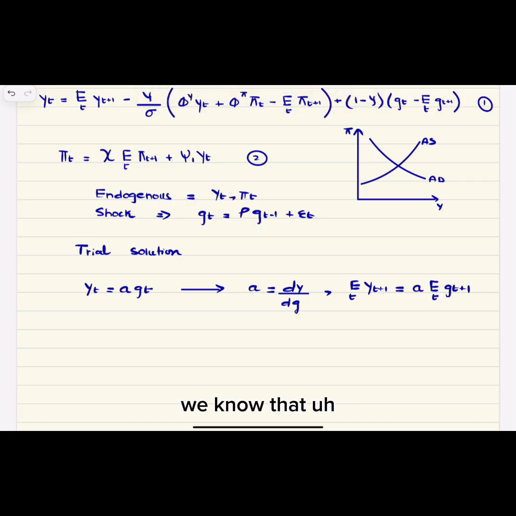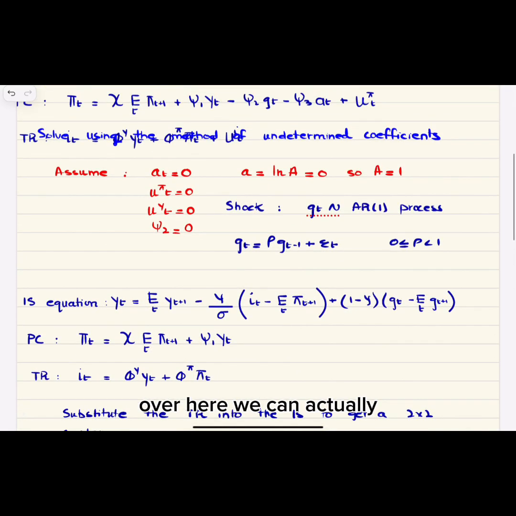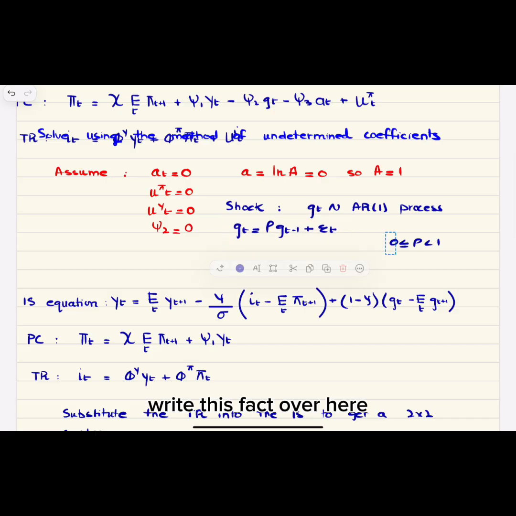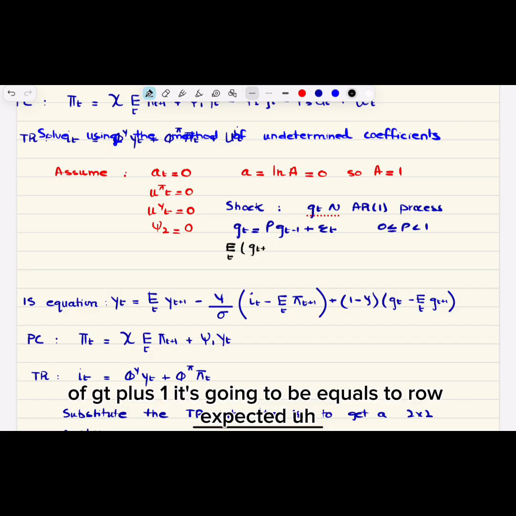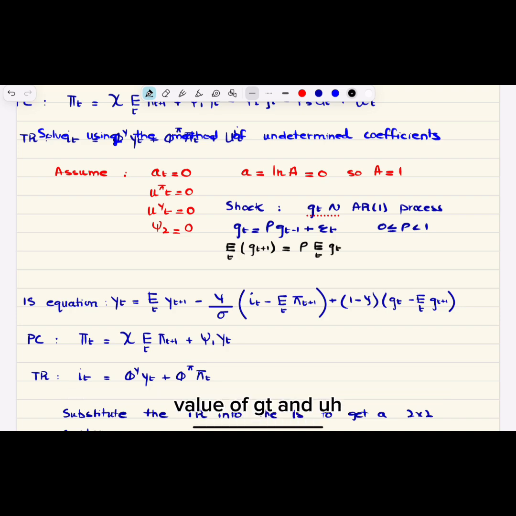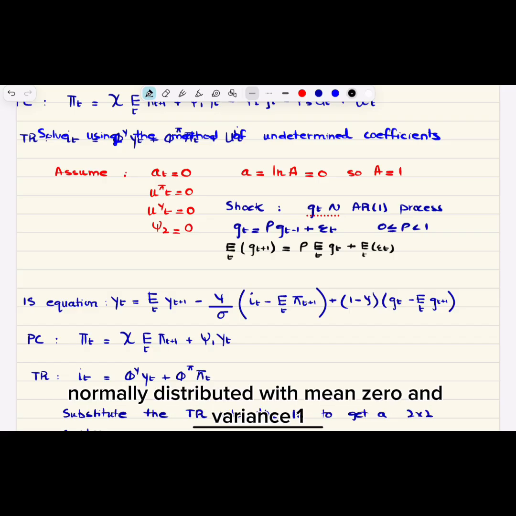And we can write this fact: if I take the expected value at time t of G_t plus 1, it's going to be equal to rho times G_t plus the expected value of epsilon_t, which is simply 0, because it's white noise, normally distributed with mean 0 and variance 1.